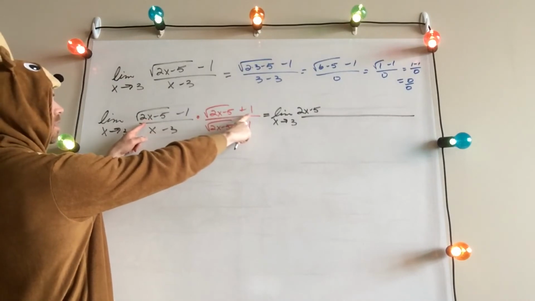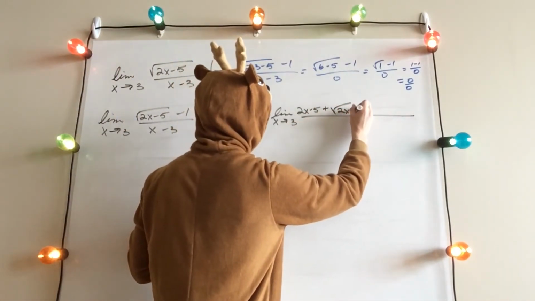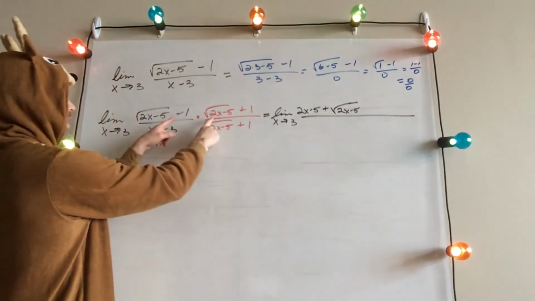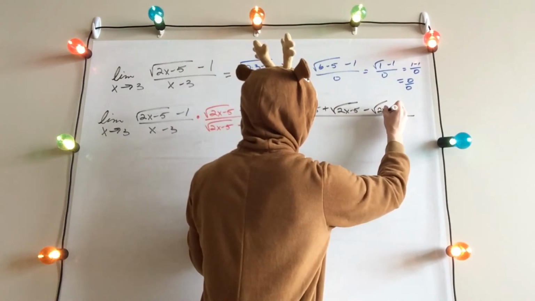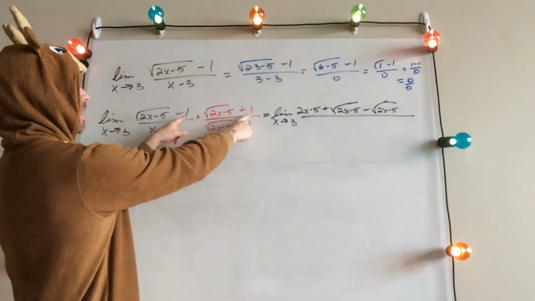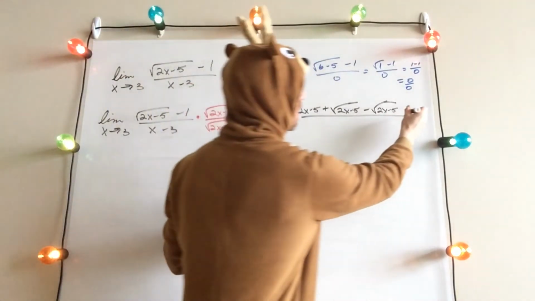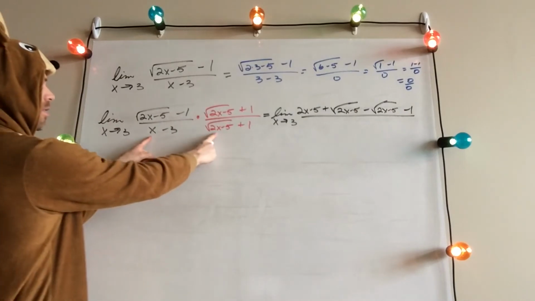Here's the outer. Inner. And then last, minus 1. And then down low, first.